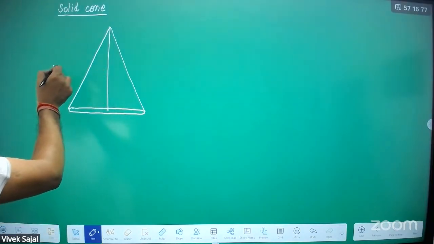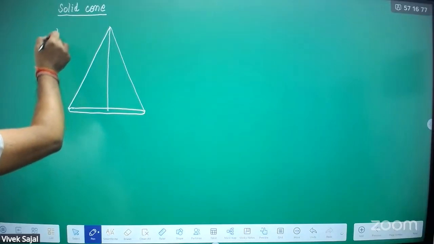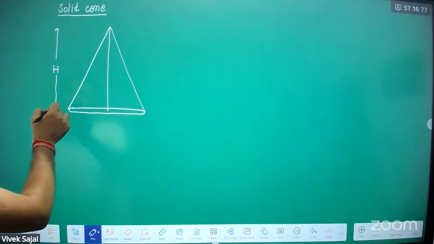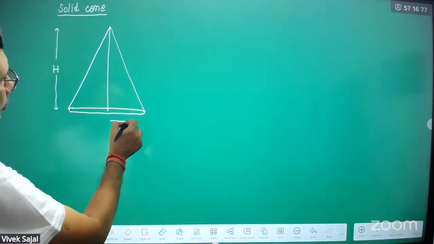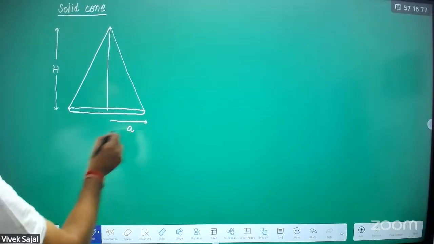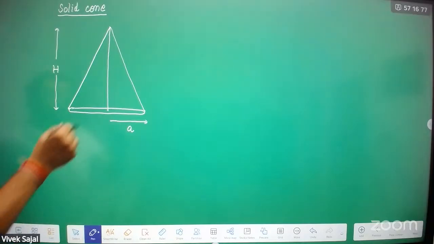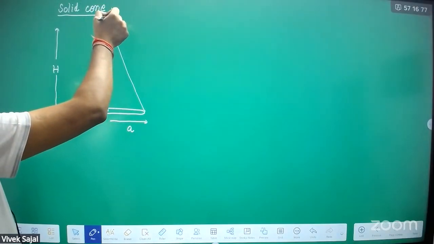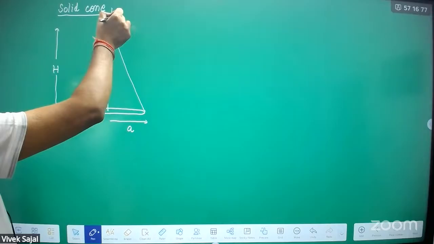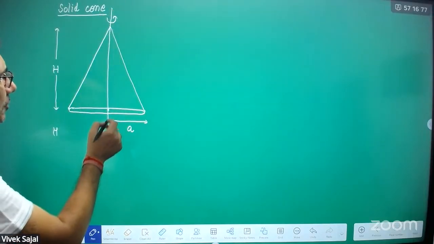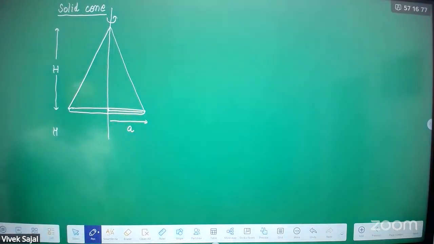Second, the radius of the base is a, and the mass is m. Now I want to find the moment of inertia if you rotate it about this axis. This is my objective.